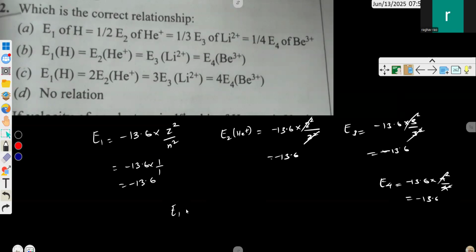So E1 of hydrogen will be equal to E2 of helium plus, which will be equal to E3 of lithium plus 2, which will be equal to E4 of beryllium plus 3. So the second option would be correct. I hope you understood. If you have any doubt, you can ask.